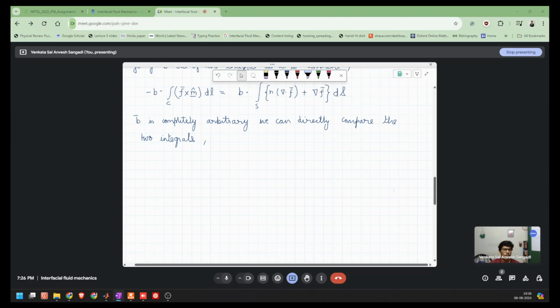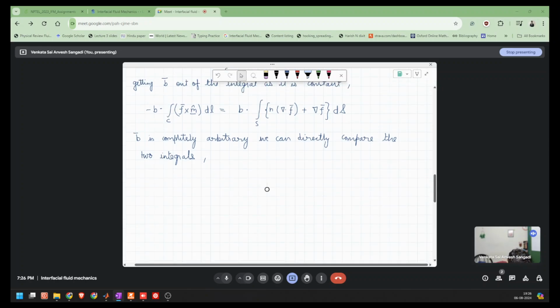So we directly compare the integrals here, namely this and this.